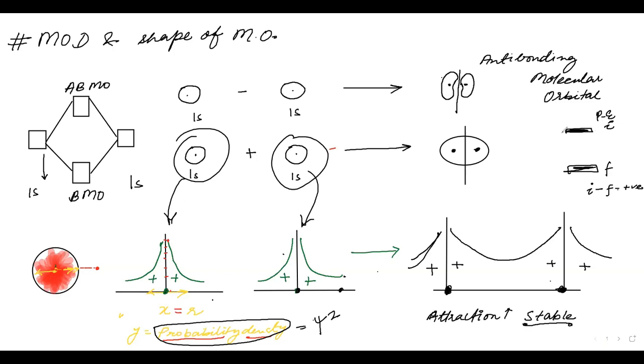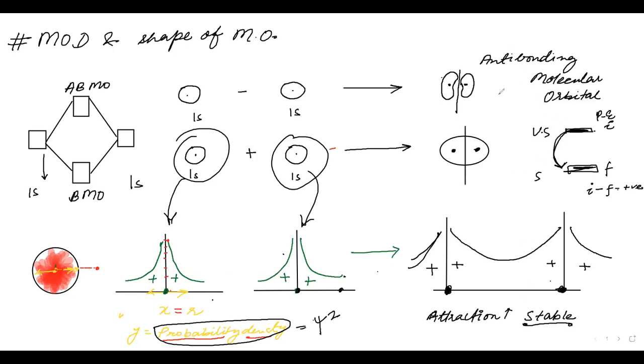Now you tell me, as we go from unstable to stable, what happened? Energy released. So endothermic or exothermic? Energy is released, so exothermic. Very good.